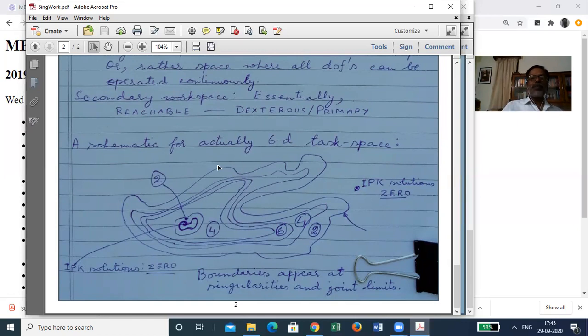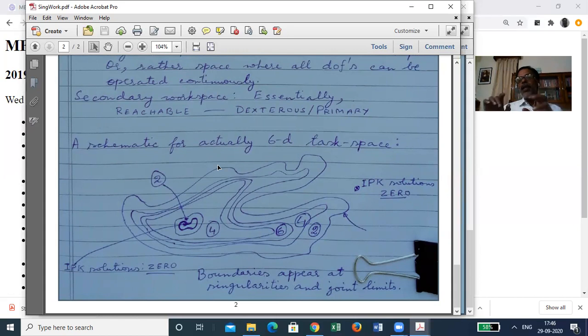And that can happen in two ways. One, because of a singularity, that is there when some angles have some specific values, so that the Jacobian is singular. That is one possibility. The other possibility is that in a joint there is a joint limit.